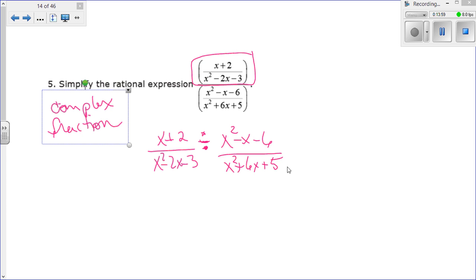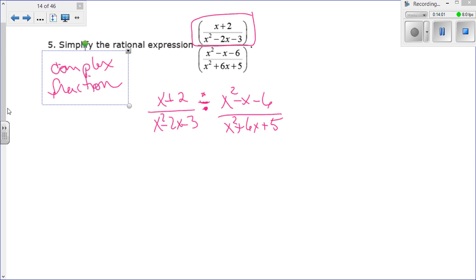So essentially it is just one fraction divided by another fraction. So we're just going to do stay, change, flip. So x plus 2, this factors to x minus 3, x plus 1, times this factors to x plus 5 and x plus 1.